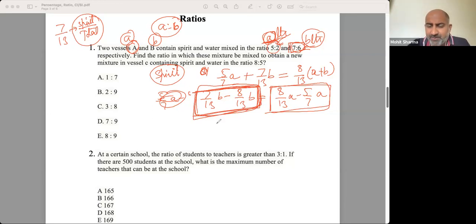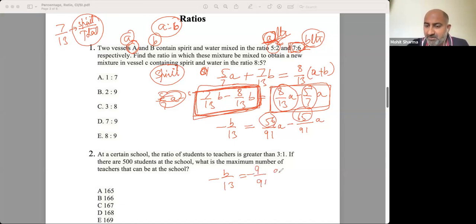I mean, this would be like minus b upon 13. Okay. And what would this be? You multiply this by 7, multiply and divide, that'll be 56 by 91a minus, multiply and divide by 13, 65 upon 91a. Okay. So minus b upon 13 would be equal to, this would be what? 9 by 91?